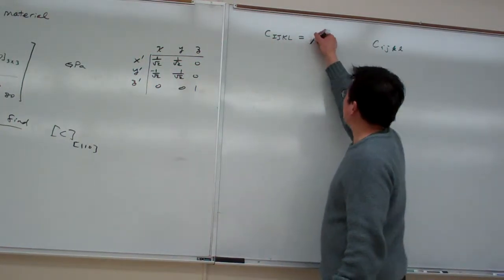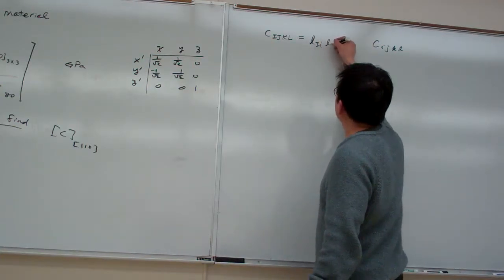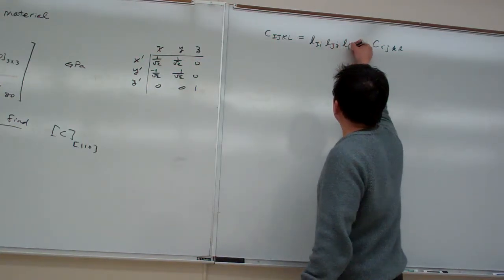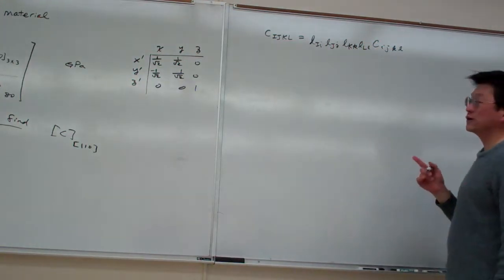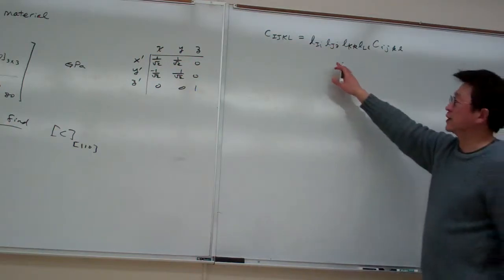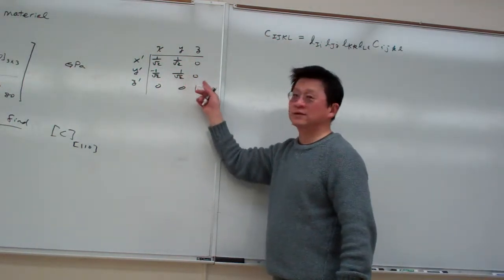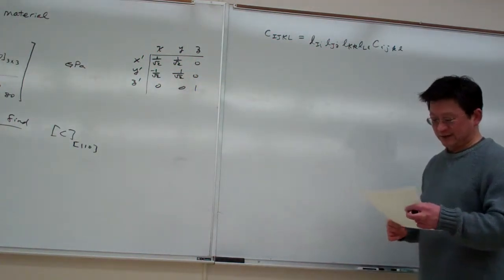Okay, so that one is l_Ii l_Jj l_Kk l_Ll C_ijkl. Okay, so we have this formula. And what's l? l is the contents of those things. And we exercise this.